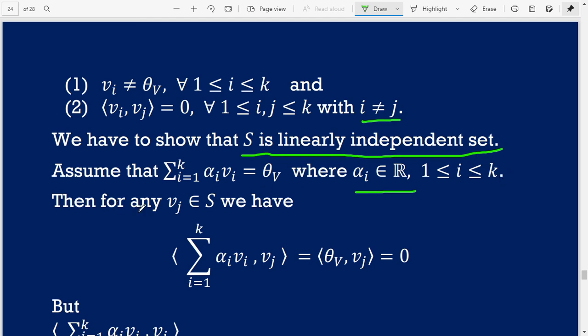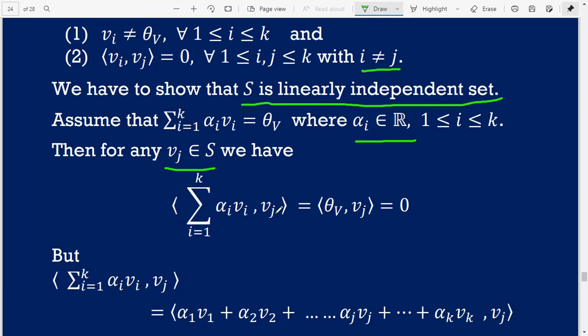Then for any Vj belonging to S, we have the inner product of summation i = 1 to k alpha_i Vi with Vj is equal to the inner product of 0 vector with Vj, which is equal to 0.